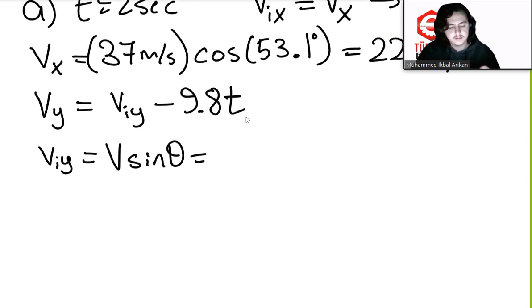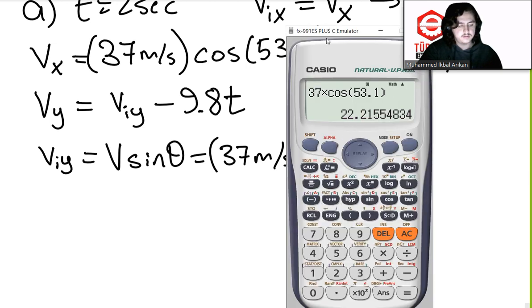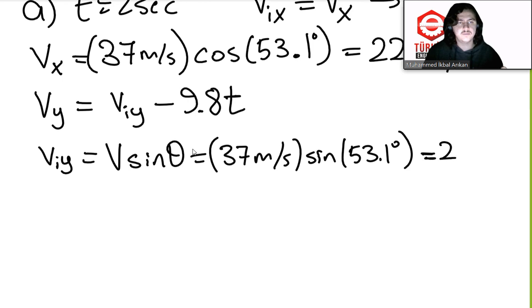So sine of 53.1 degrees. Let's calculate here. Instead of cosine, I will put sine. So you will see that our velocity has decreased. So I will put 29.6 meters per second.